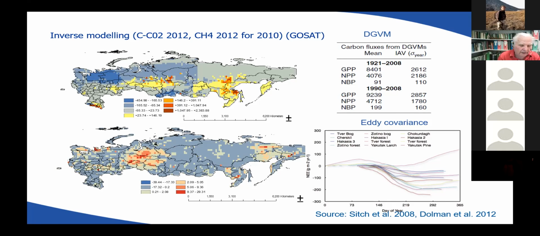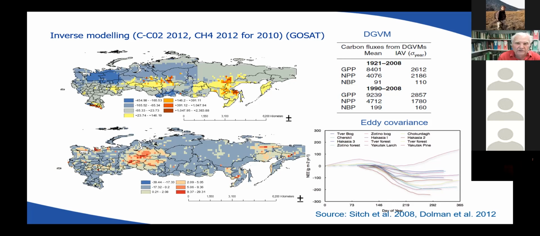Eddy covariance is not sufficient for Russia, not enough measurements. Inverse modeling, generally from GOSAT, gives about 20 different results for Russia for the last 5-7 years. That is something from 500 to 800.